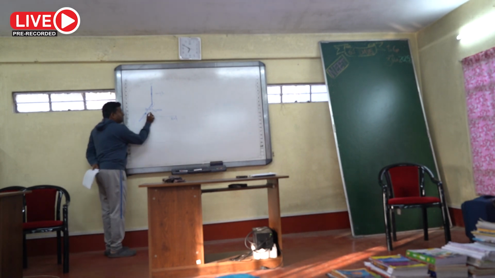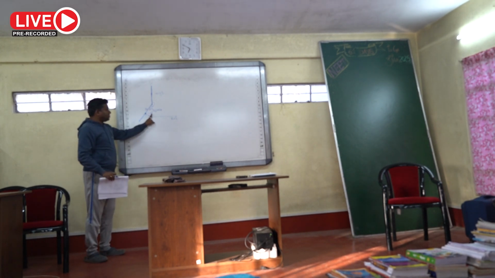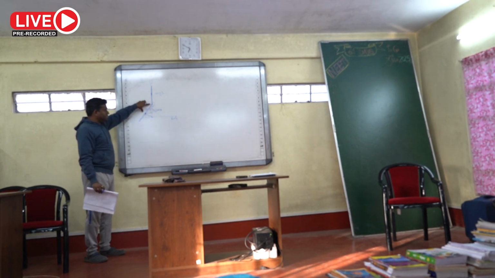From this point I drop a perpendicular on this line. Then this one is L by 2. So this length up to the foot of the perpendicular is L by 2 cos theta.